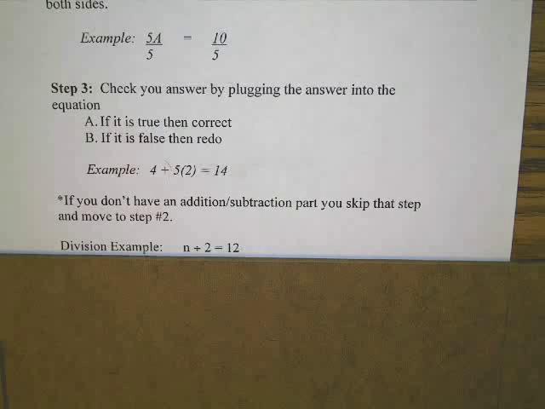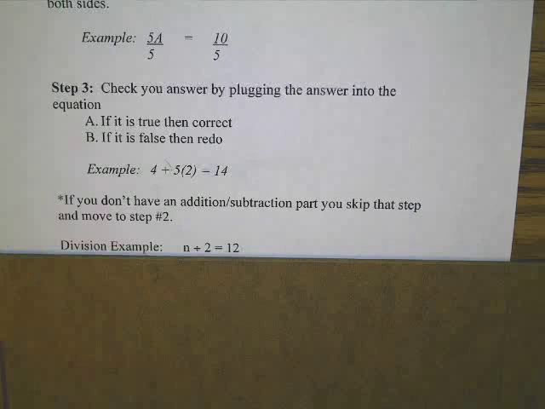In this example, do we have to do step 1? No, right? Why is it no? We're not doing addition and subtraction. Correct, okay? So we're going to go to step 2.